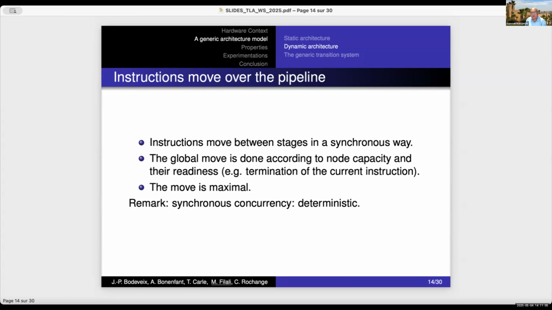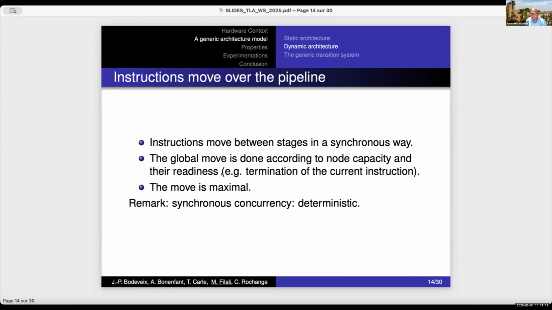Now about the dynamic architecture. The dynamic architecture, in fact, is concerned mainly with how the instructions move over the pipeline. We consider that instructions move between stages in a synchronous way. The global move is done according to the node capacity, that is, is the node full or not, and the readiness, that means, has the node terminated its computation or not?